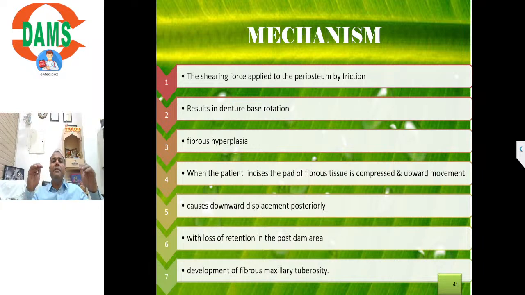Now, when the patient is doing like this, because this incision is continuous, this is anterior, posterior, continuous suction is being formed like this. This movement keeps going on.